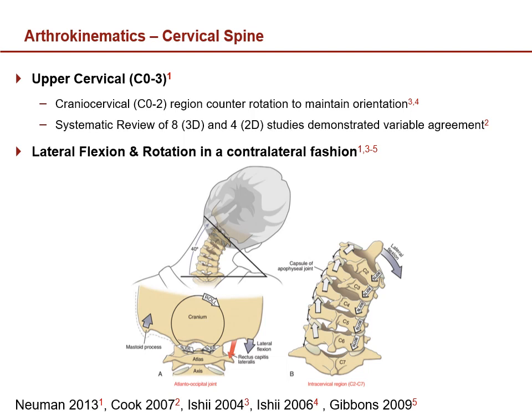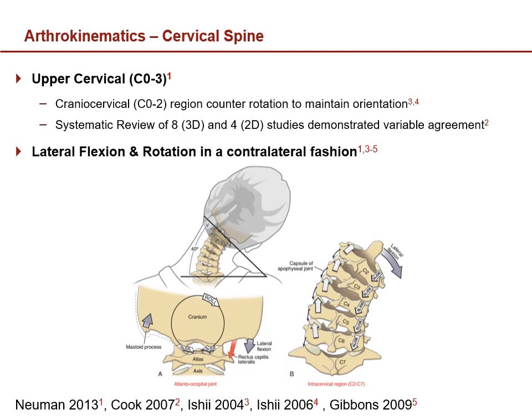Excusing that digression on coupled motions, we'll go back to the upper cervical spine, and we're looking at side bend. And so the craniocervical region counter rotation to maintain the orientation as previously discussed. And you can see that it looks very similar to the arthrokinematics that we saw within the rotation of the cervical spine.